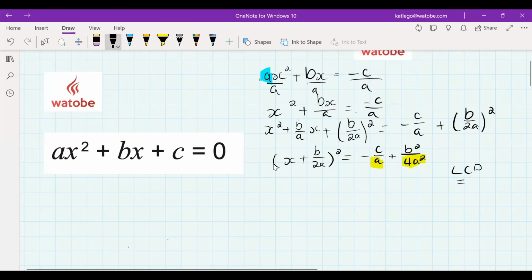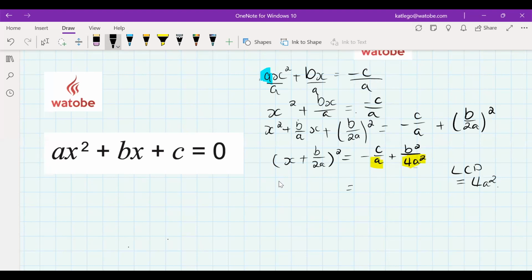LCD, guys, lowest common denominator. It is 4a squared, right? It's 4a squared. You guys need to go revise how to find LCDs. 4a squared.